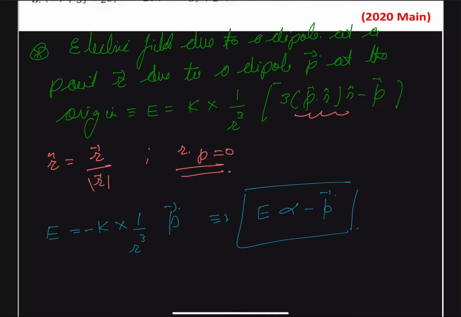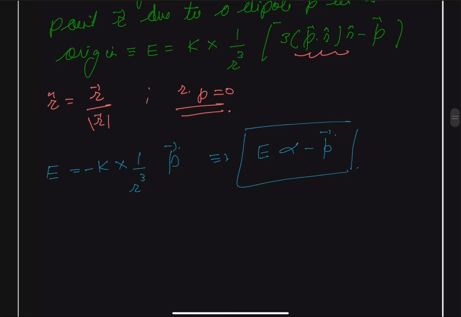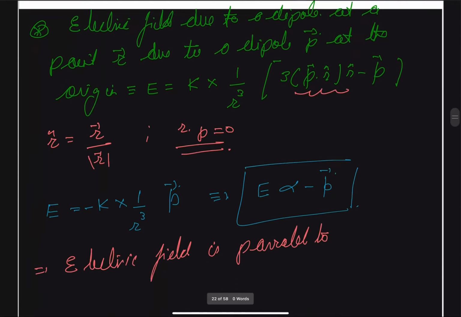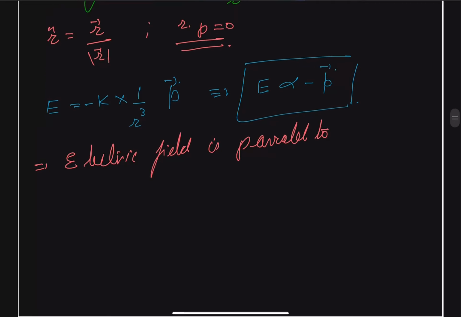We are not interested in other things. Therefore the electric field is parallel to minus of P, which is minus of minus i, minus of 3j, and plus of 2k.